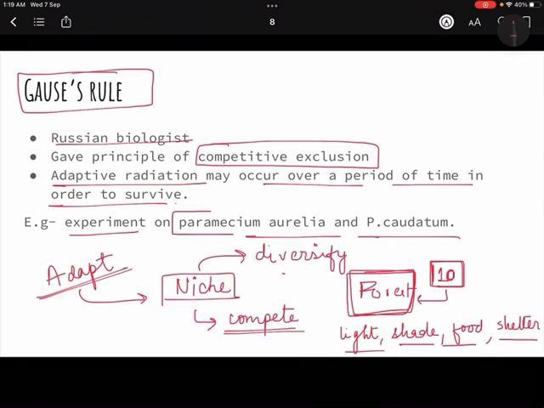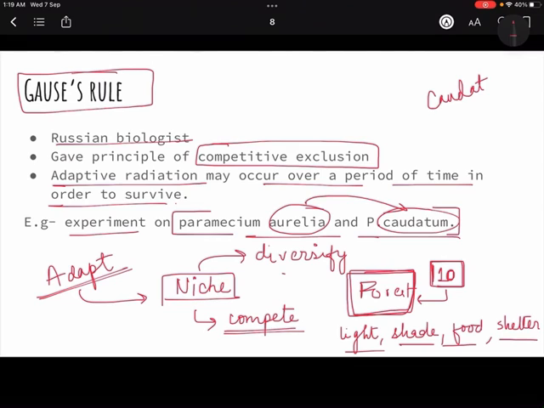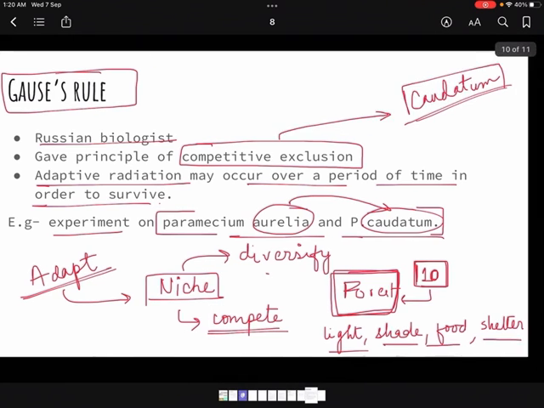Paramecium aurelia and Paramecium caudatum are two varieties of Paramecium. When cultured separately, both aurelia and caudatum survived. But when they were cultured together, we saw that aurelia exterminated caudatum, which means that caudatum could not adapt, and aurelia took advantage and survived while caudatum got extinct. So this was the concept of competitive exclusion. You compete, and if you cannot adapt, you become extinct.